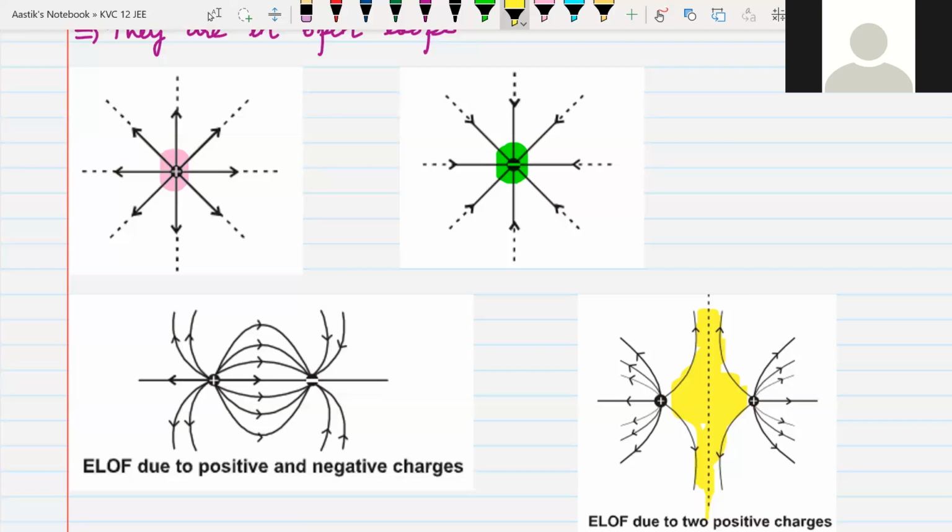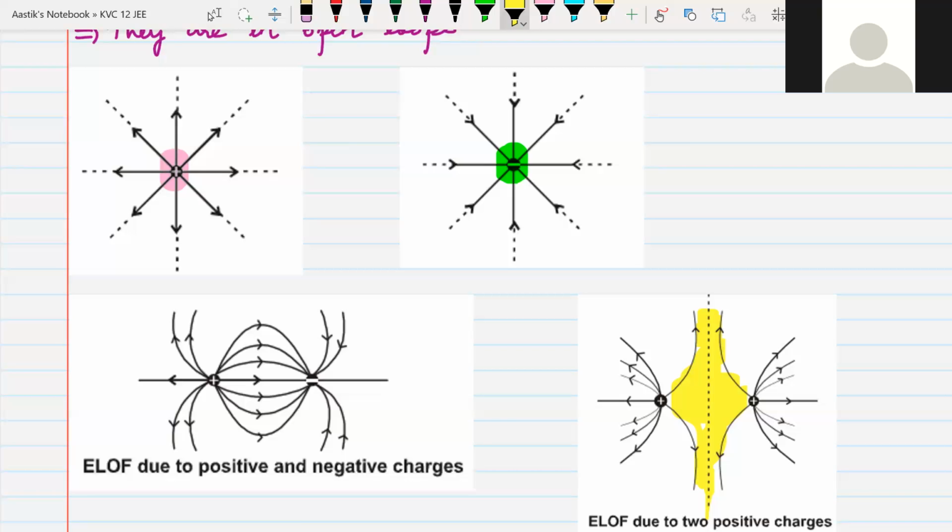You don't need a very fair diagram. They are not going to ask you to draw the diagram. What they are going to ask you is which diagram belongs to what, which is what charge, which charge is more, which charge is less. That is all they are going to ask. This should give you an idea of how these electric field lines are, nothing more, nothing less. Do you understand this? Just need to have a fair idea.